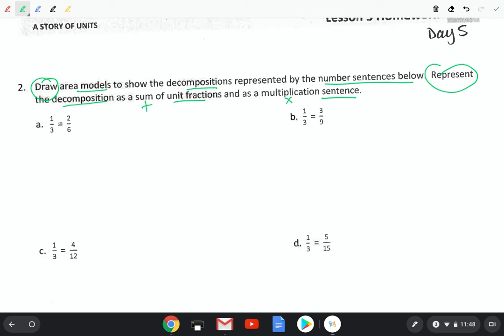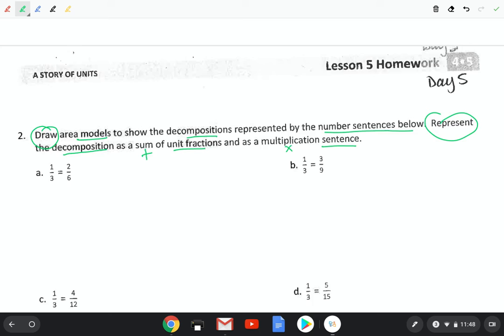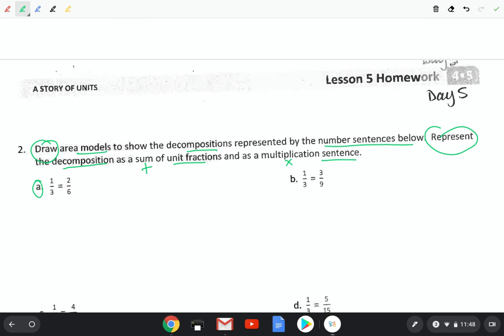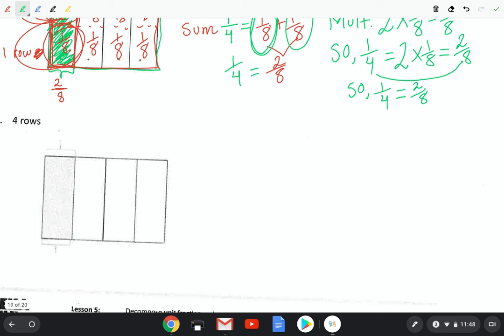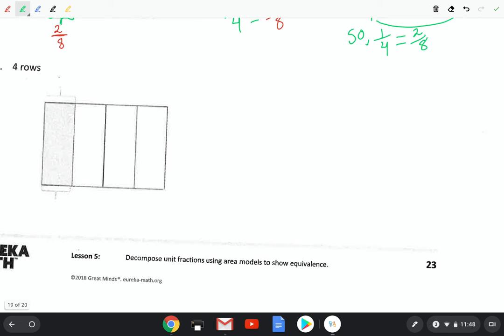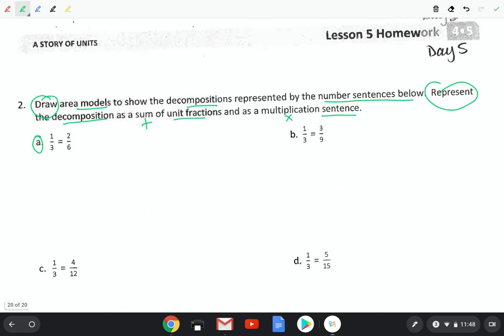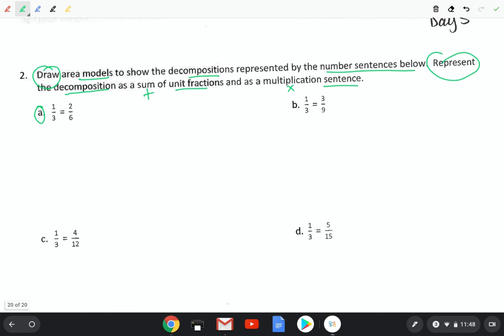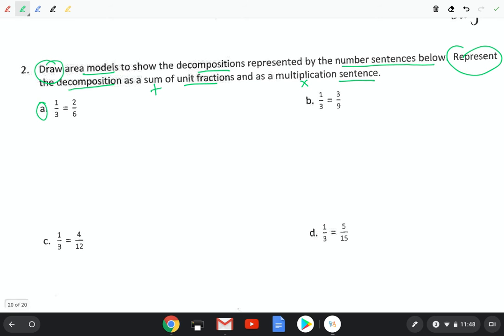So we are doing the same here, except they're giving us the two fractions that we need to represent by drawing the area model, okay? So let me actually point this out. This is a shaded section for this problem. In other words, we need to prove how 1/3 equals 2/6 by drawing an area model.